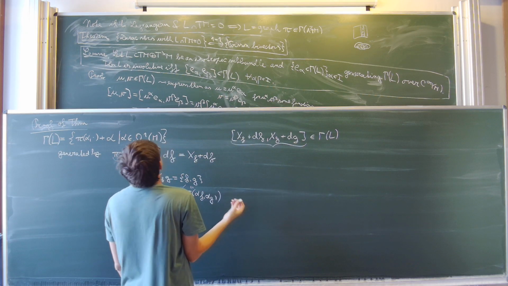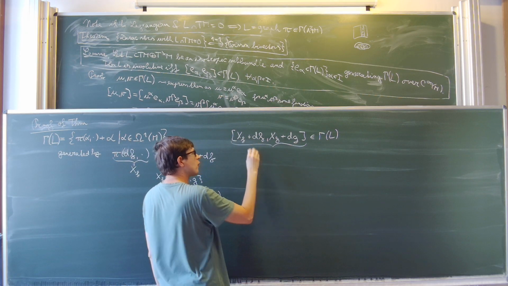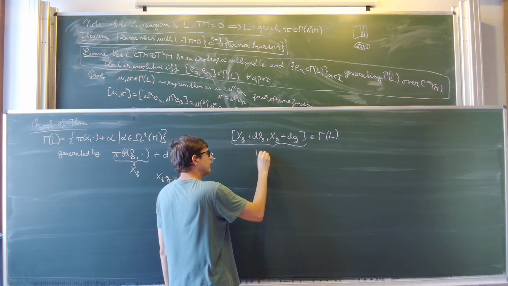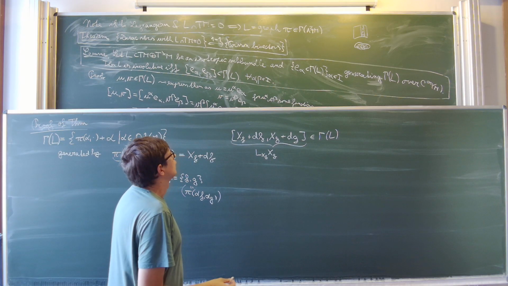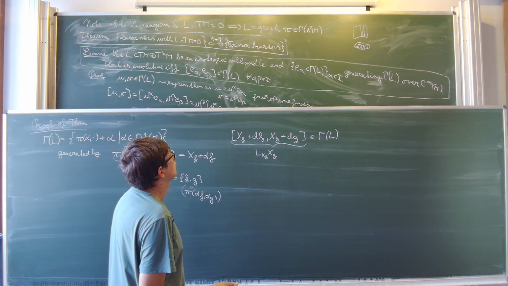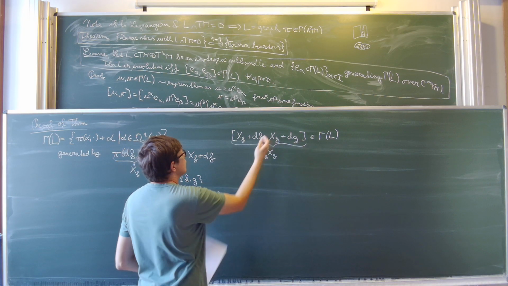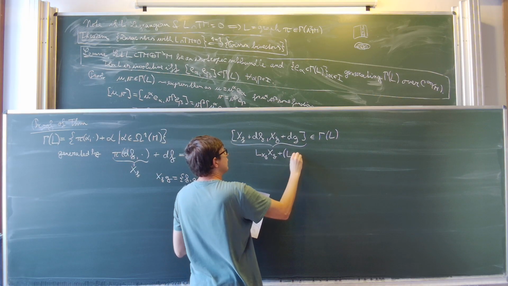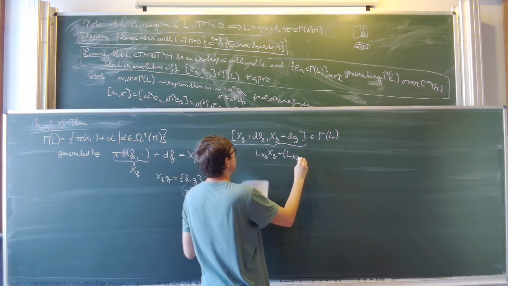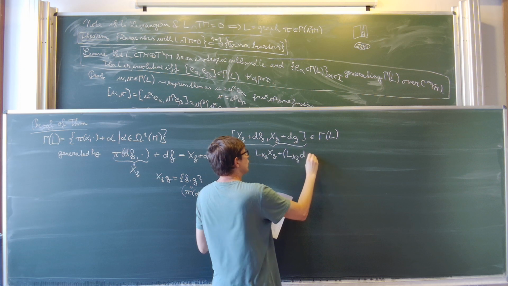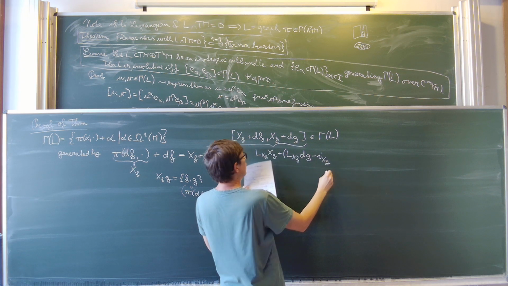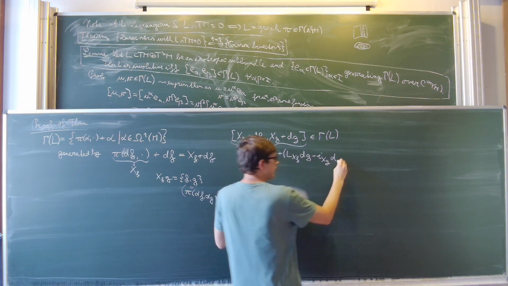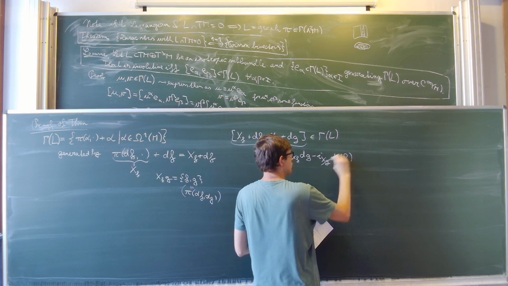Using the formula which I accidentally used before, but hopefully now you remember, this is simply L_XF on XG, plus L_XF acting on dg, and then minus i of XG d on this guy, but this guy is already d of something, so this just goes away.